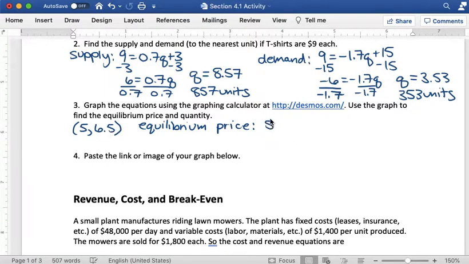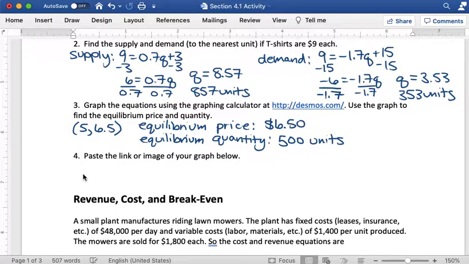So 650 is my equilibrium price, and my equilibrium quantity is the x coordinate, which is 5, but remember that it's in hundreds, so it would be 500 units. And then all I need to do is paste the link or image of my graph into my notes.